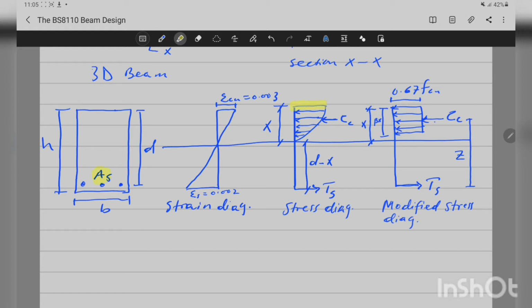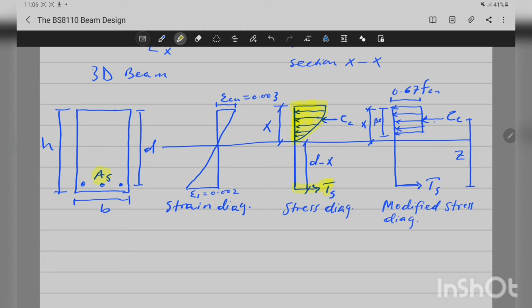We have a parabolic stress, which is nearly exactly what happens in the beam. The stress distribution is parabolic in nature. So we have this curve, which is a parabola, and a compression on top in the concrete, and the steel provides the resistance, which is TS, the force in the steel.